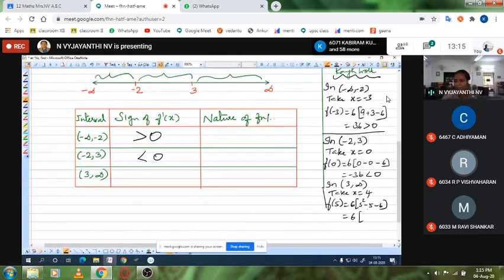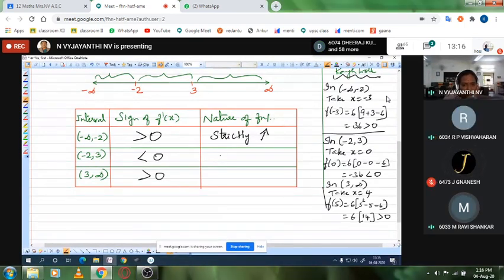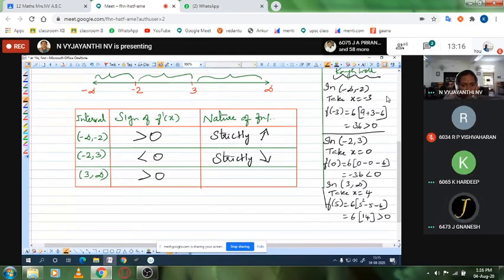What is 25 minus 11? 14. 14 is greater than 0. Greater than 0 means the function is strictly increasing, and less than 0 means strictly decreasing.